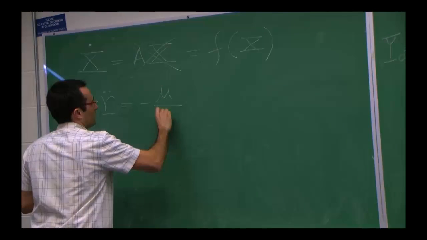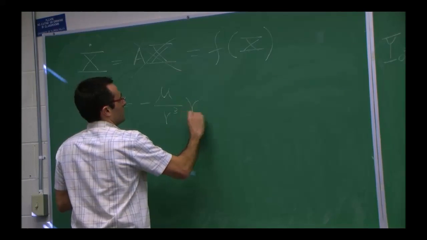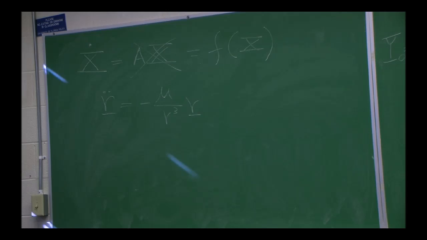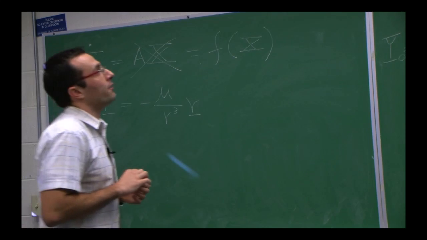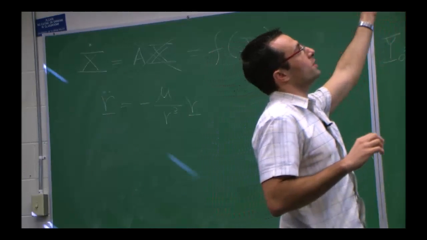R double dot, I know what that is. R double dot is this, right? So let's go and look at that function. Questions so far? So I go here. Every function requires you to call the output something.